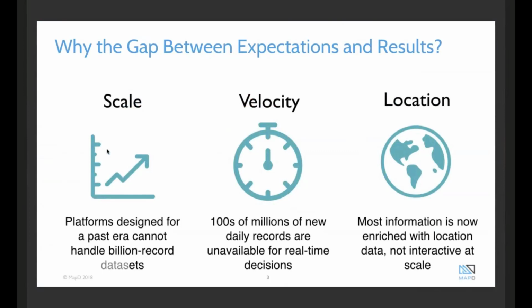The computational capacity of CPU, which is primarily used on most platforms, is growing at best at 20%. And the data itself is growing at 40%, so the gap is widening. And on top of that, data is getting richer. It's getting multidimensional in nature. So we have location information like geographic coordinates. So it makes it even more challenging, more compute power needed.